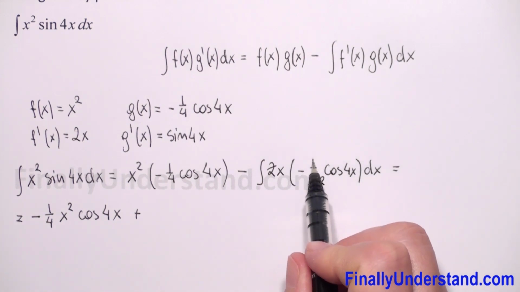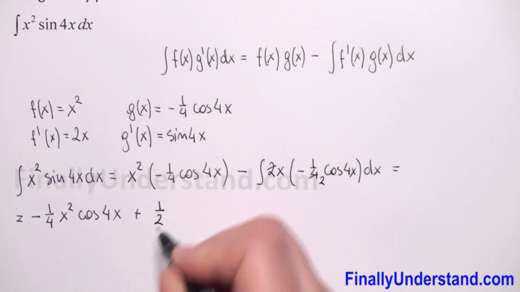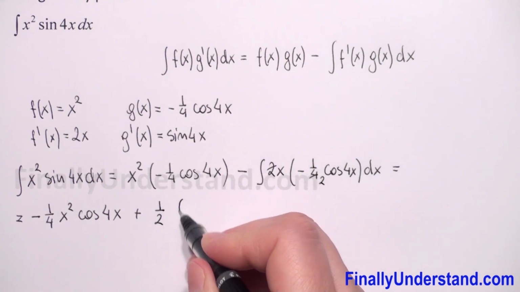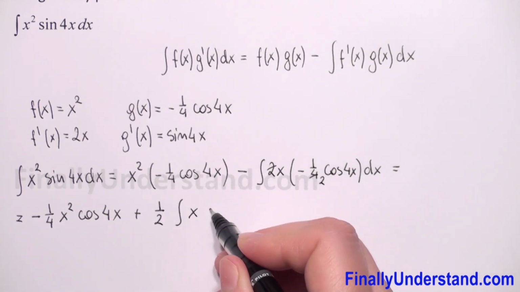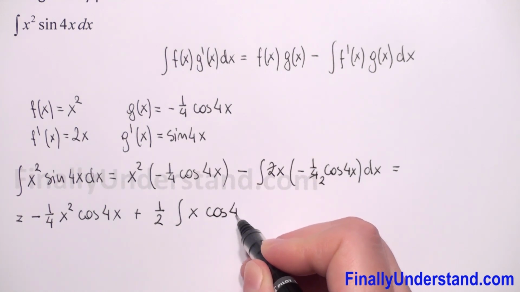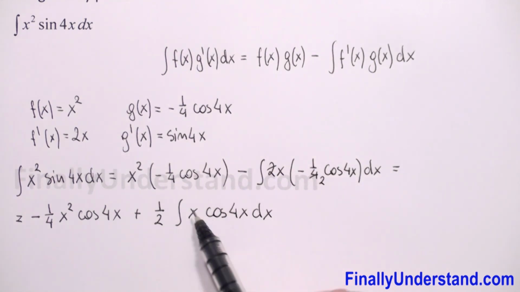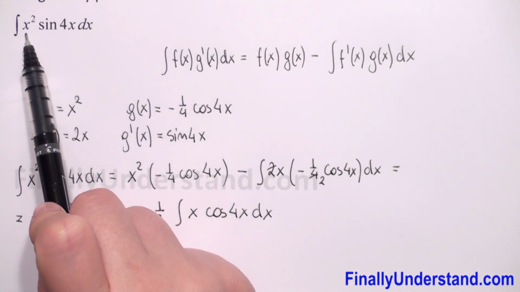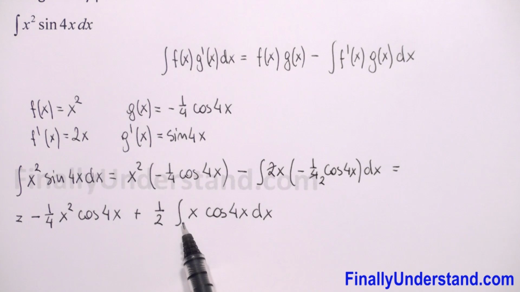I will put this constant 1 over 2 before the integral, so it will be 1 over 2, and we have the integral of x times cosine of 4x with respect to x. We see we had at the beginning the integral of x squared sine of 4x. Now we got an integral a little simpler. We have x times cosine of 4x.